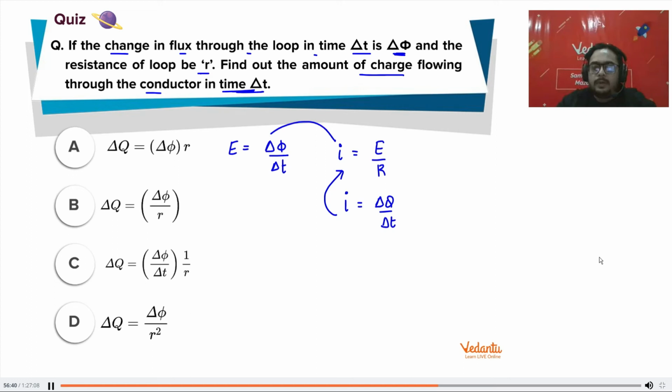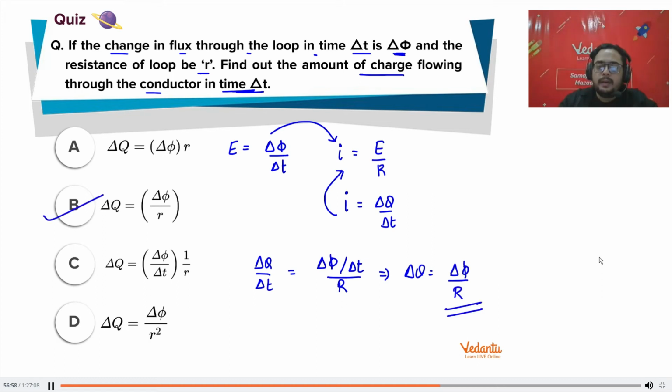Put this value here and put this value also here. You're going to get delta q by delta t is delta phi by delta t upon r. And we are going to get delta q is delta phi by r. And the answer is B.